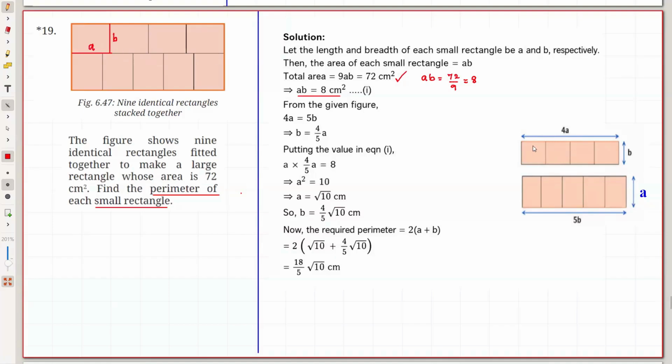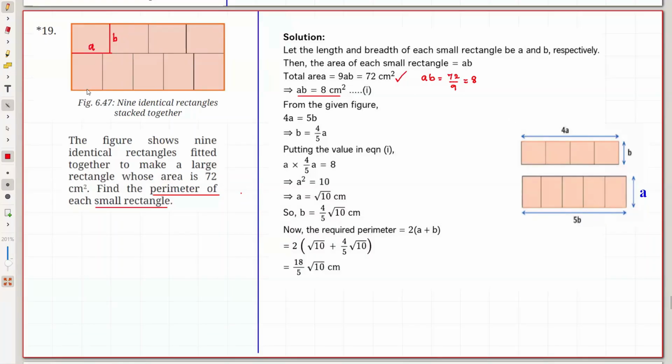Now just see here. If you take this, the length of this rectangular portion will become A plus A plus A plus A, so we get 4A.